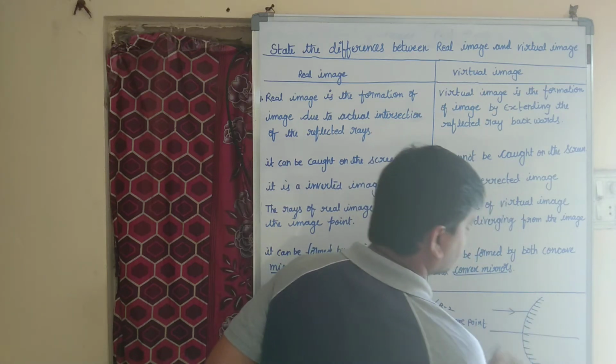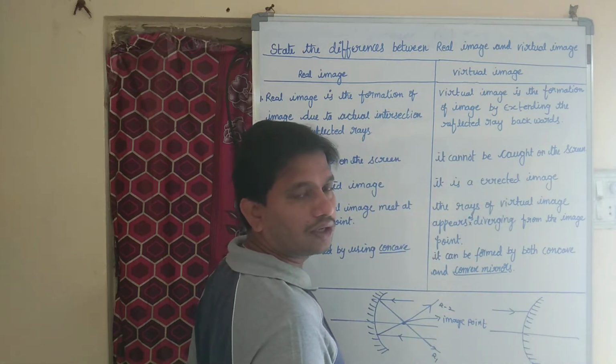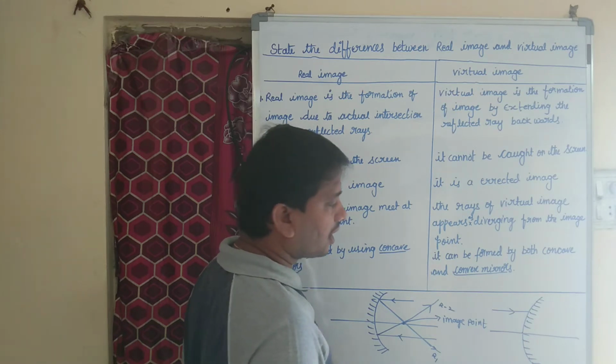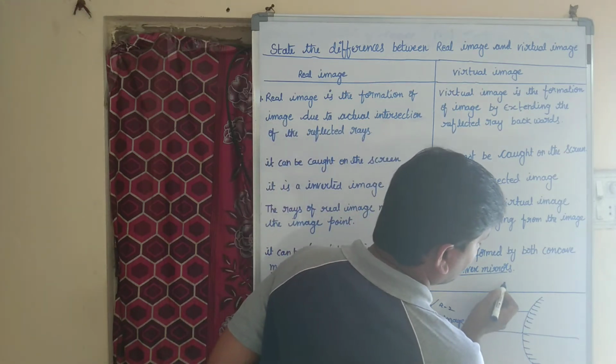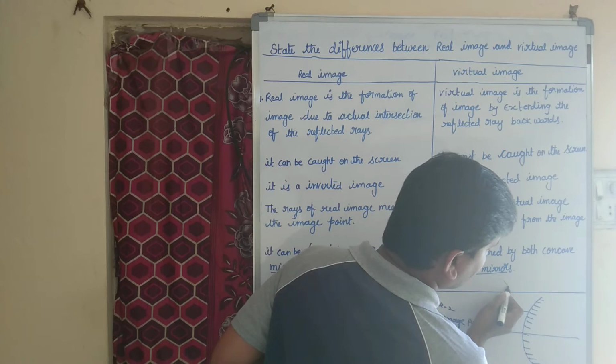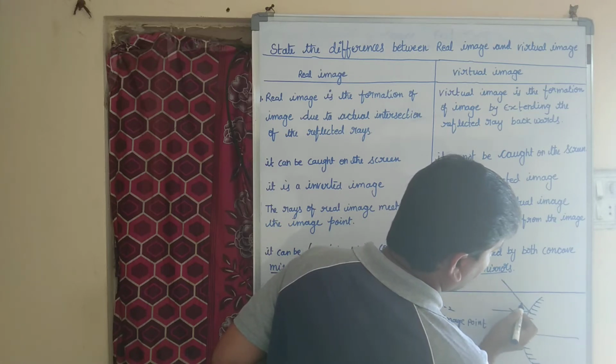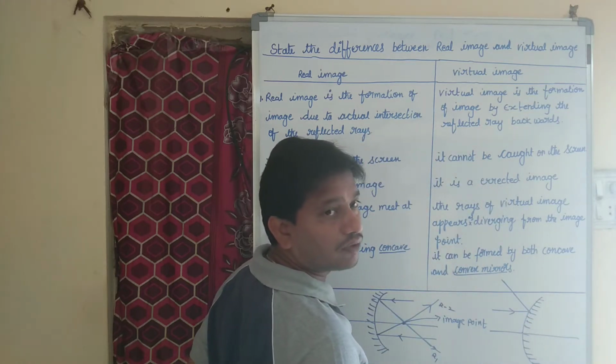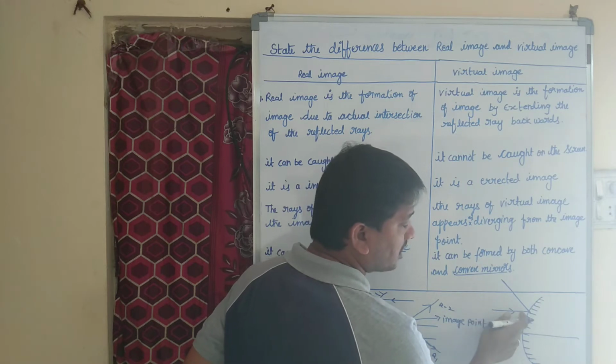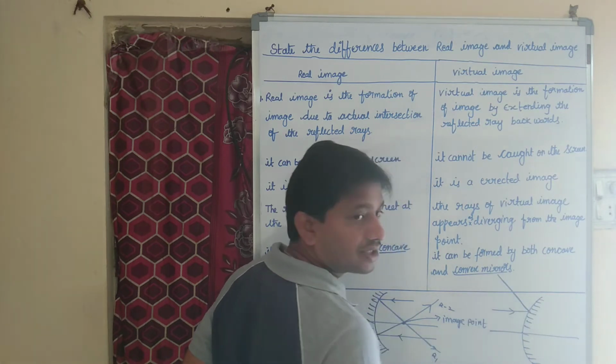This is a ray of light which is parallel to the principal axis. After reflection it must pass through the focus. Are you getting my point? This is our incident ray. After being incident at this point, it will reflect back like this.